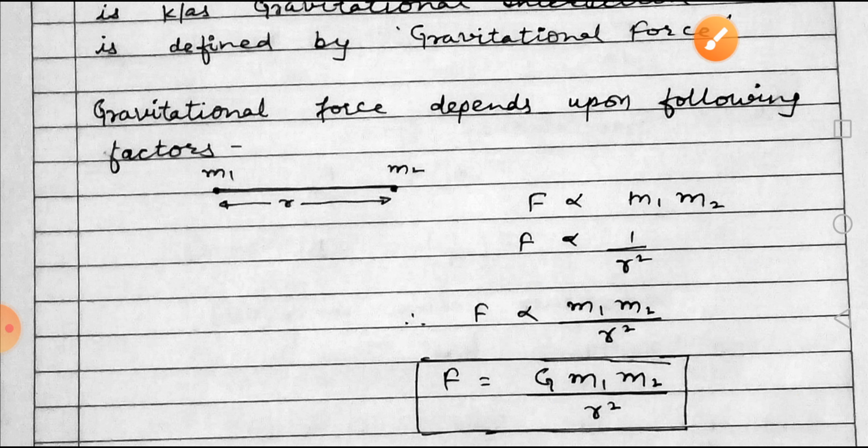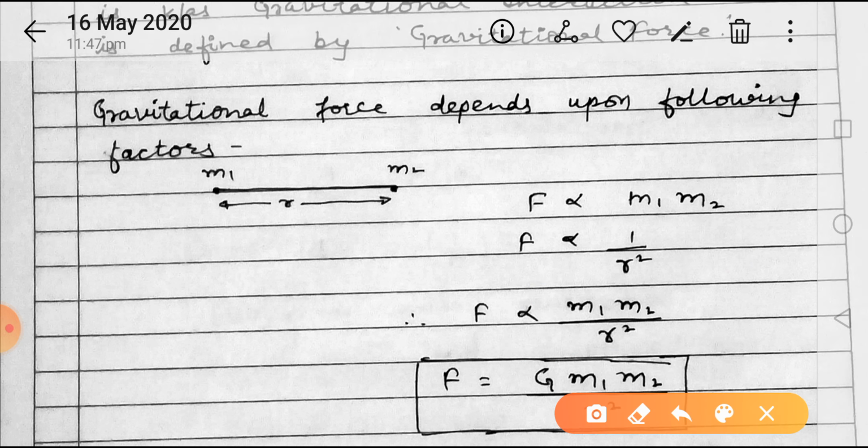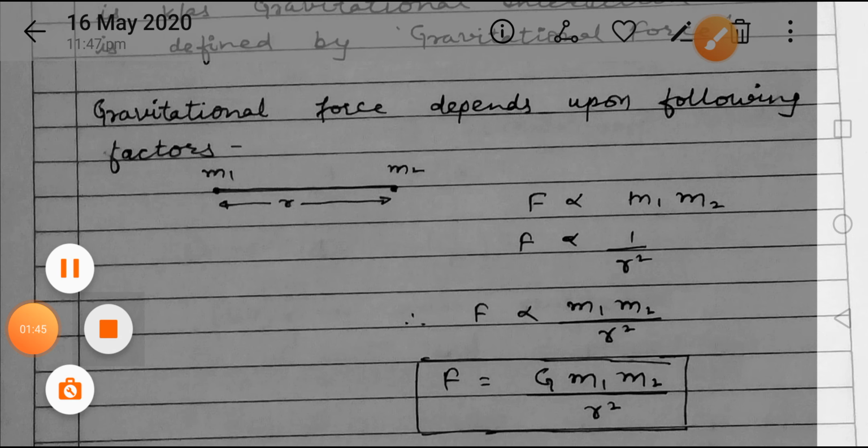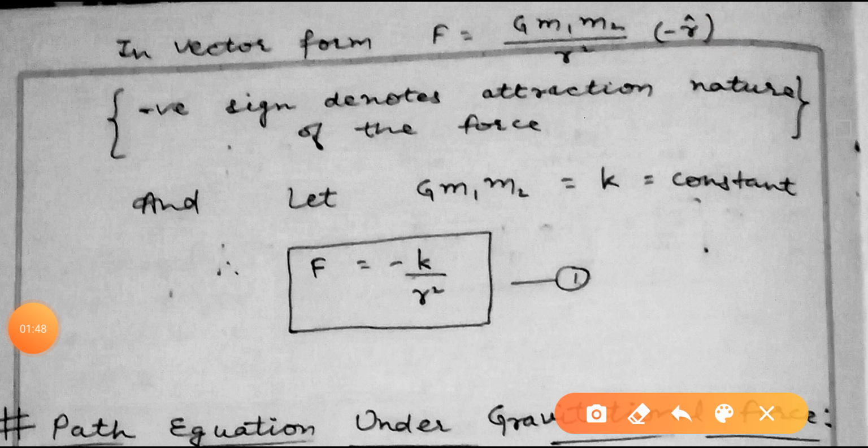If we write this force in vector form, then F vector is equal to minus G m1 m2 upon r square, r cap. This is the vector form of the gravitational force.